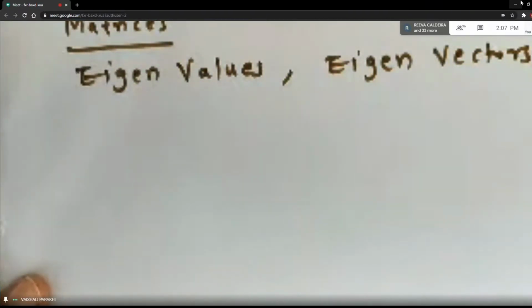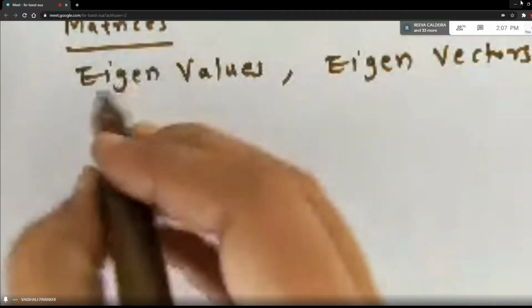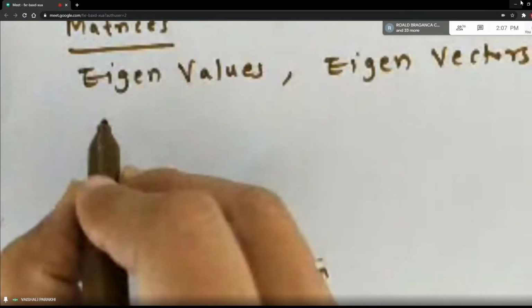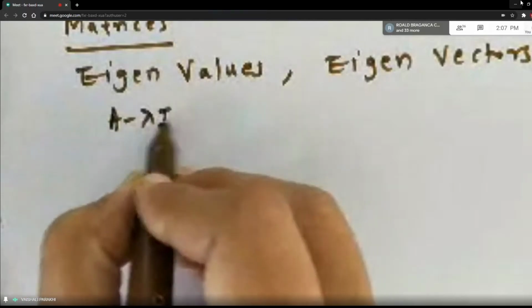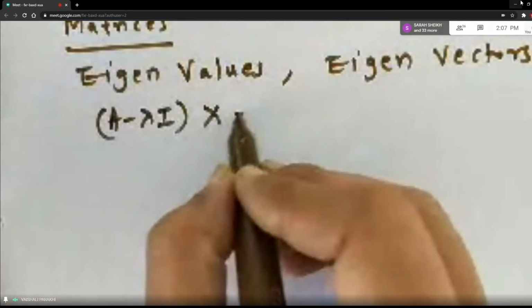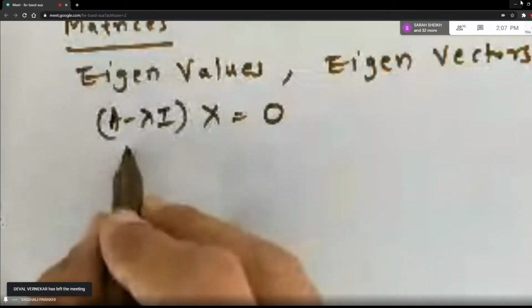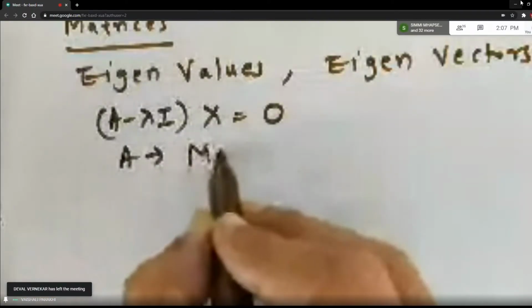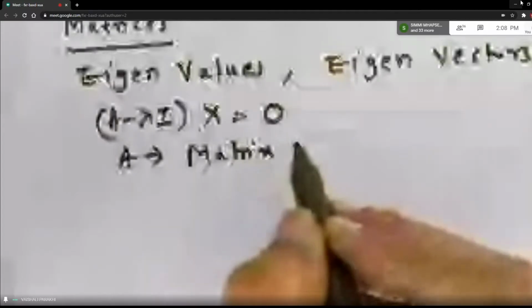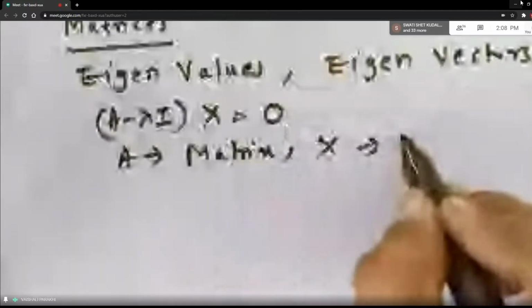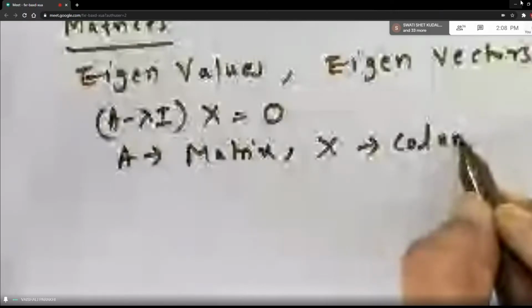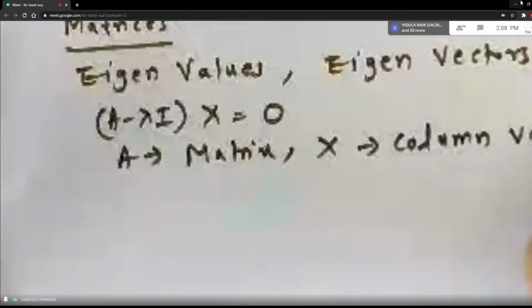Now see students, I am writing one matrix equation here. It is of this form: A minus lambda I x is equal to null matrix. What is A here? A is some matrix. Then x is a column vector here, students. Column vector means it is a column matrix. O is a null matrix.